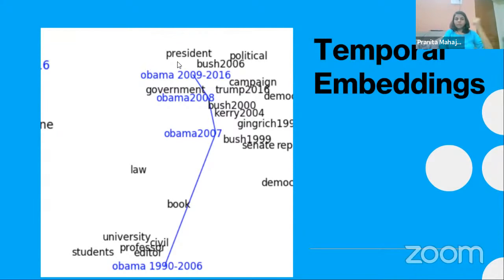When we are talking about Obama with respect to time, from 2009 to 2016 the characteristics with which this keyword is represented are different. For 2007 the characteristics are different, and for 1990 or 2006 the characteristics are different again. These are called temporal embeddings.